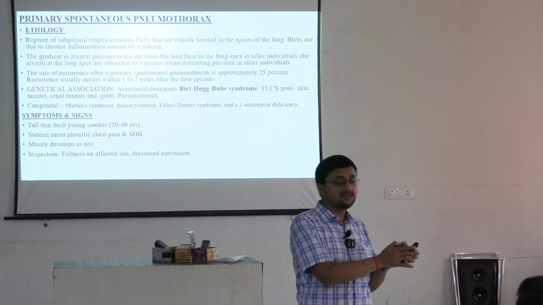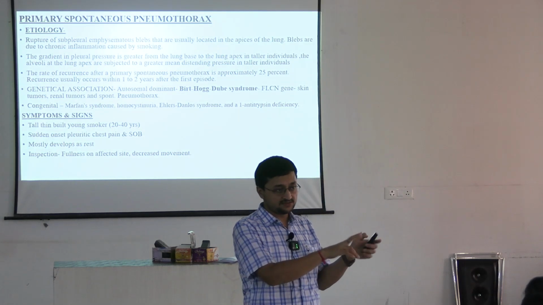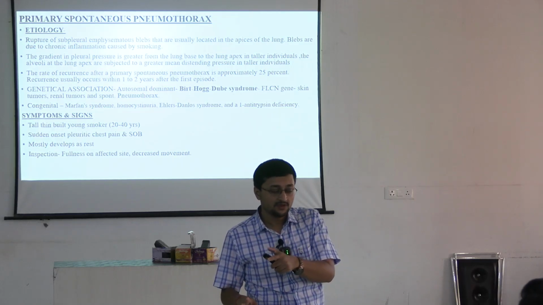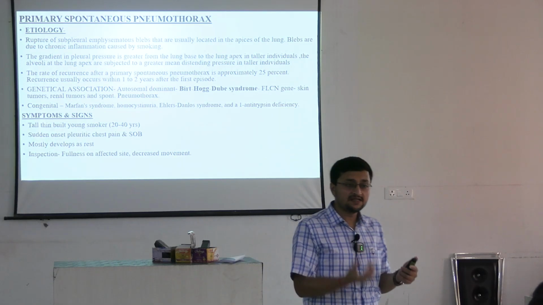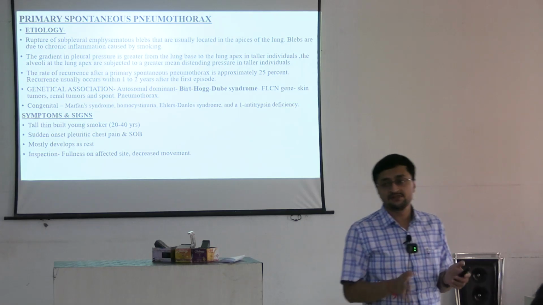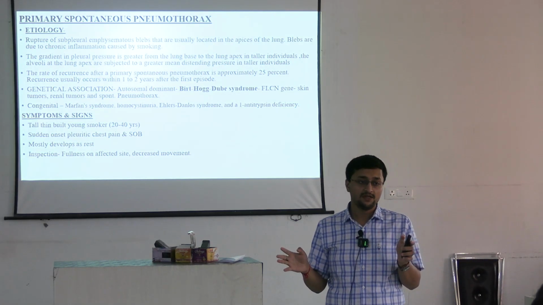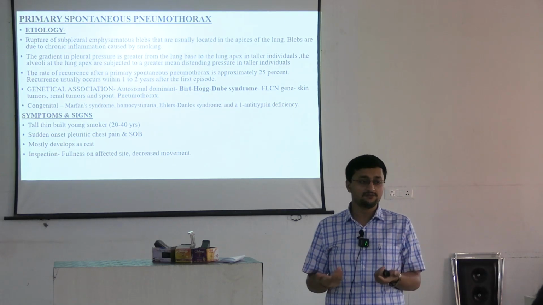Suppose you are dealing with two cases, one is pleural effusion and one is pneumothorax. By doing clinical examination, how can you differentiate between the two? Any differentiating point? Very good.